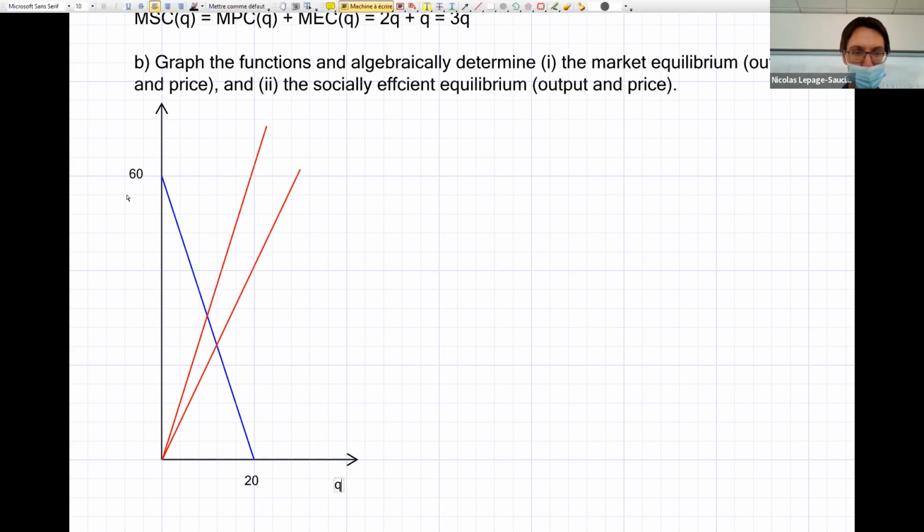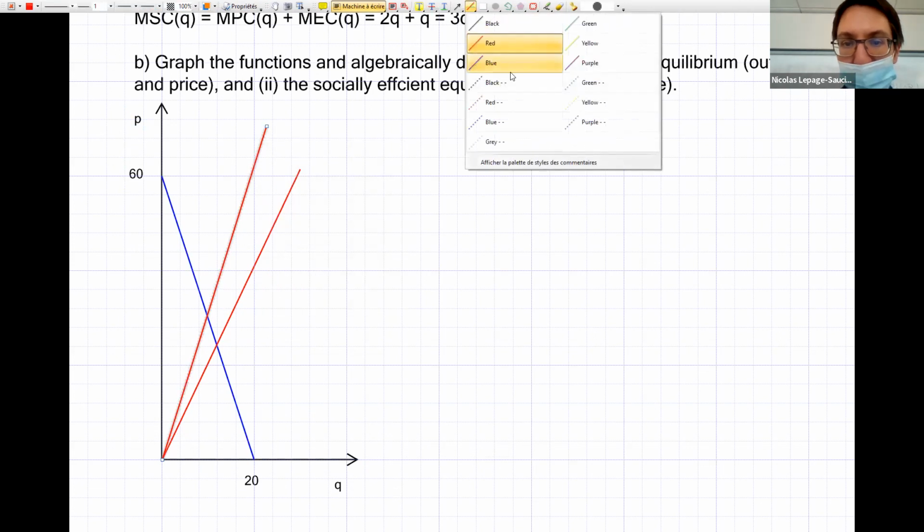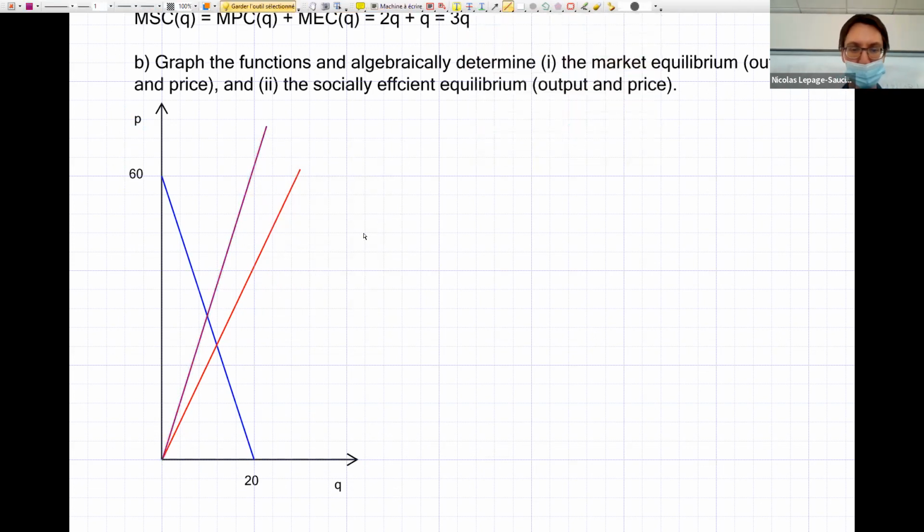So that's Q, that's the price, P. And let's change color for that one. Let's use purple. Always put what you have on the axes.